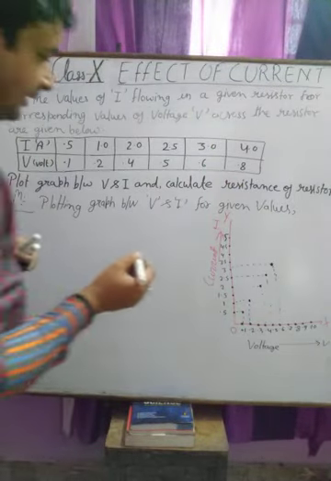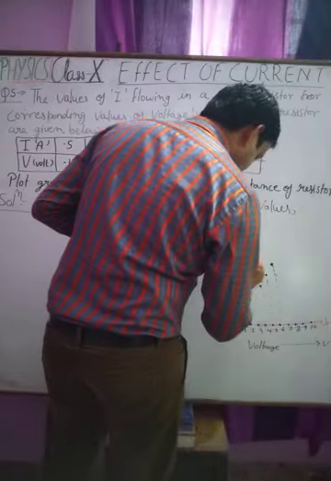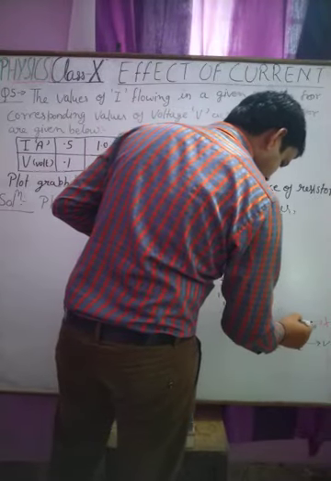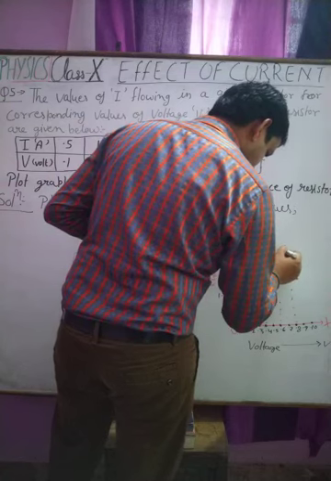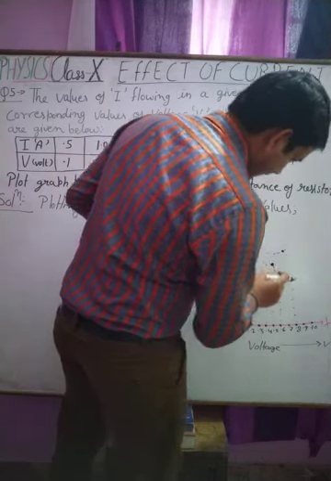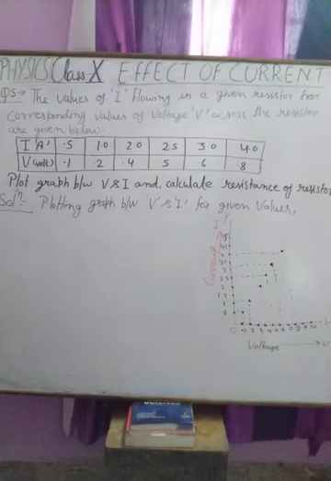When the voltage is 8, the current becomes 4 ampere. Okay, now we are joining these points.